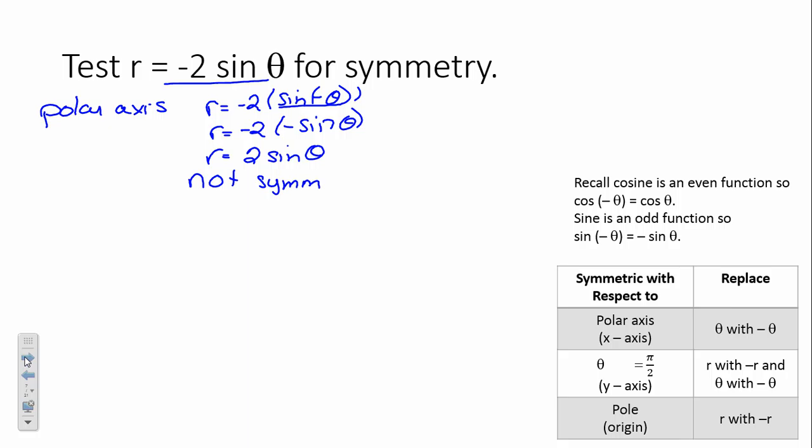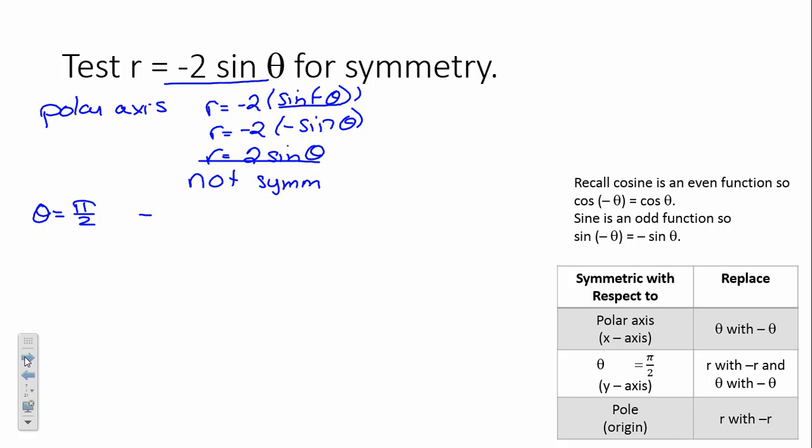So because our equation after we simplified it is not the same as our original, we know that it's not symmetric with respect to our polar axis. Now let's check and see if it's symmetric with respect to the line theta equals pi over 2. To test that, we're going to replace the r with the negative r and the theta with the negative theta.